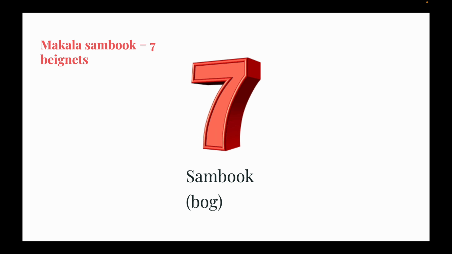So we said mana and mara. However, sambog starts with a SAM. Therefore, that does not change. Therefore, to say seven beignets, you will say makala sambog. Simple. Do not say makala mabog. It does not change for number 7. We say makala sambog, seven beignets.